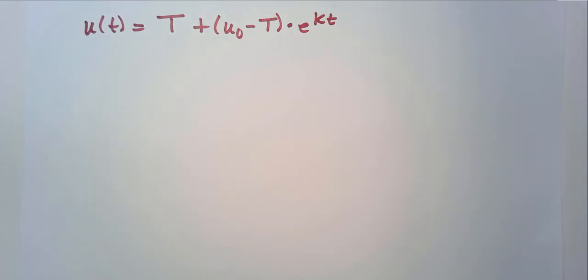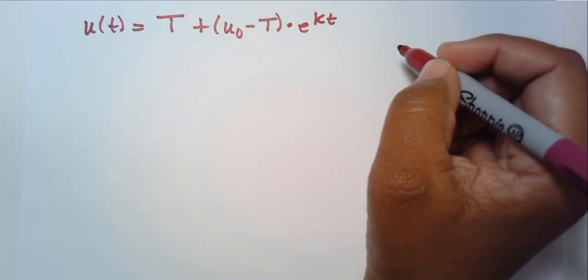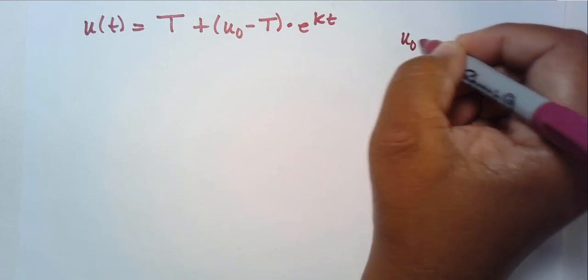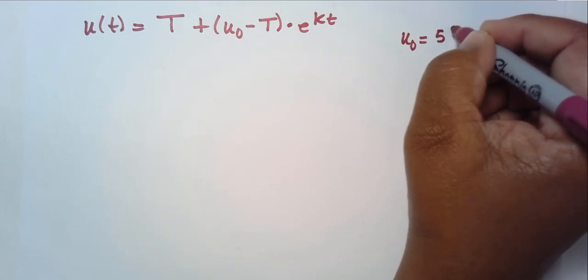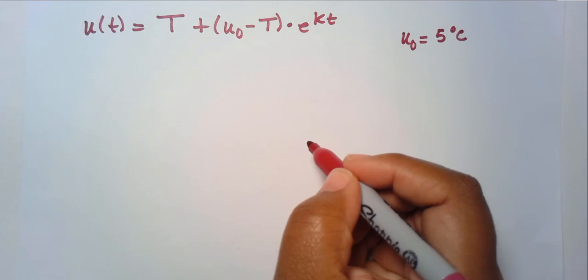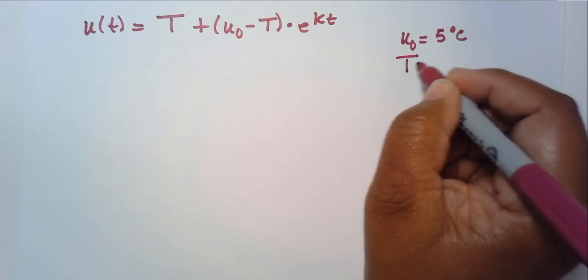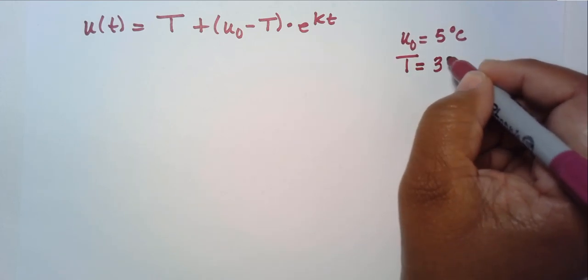A thermometer reading 5 degrees Celsius is our initial temperature of the object, so U sub zero is 5 degrees Celsius. It's brought into a room with a constant temperature of 35 degrees Celsius, so our capital T is 35 degrees.